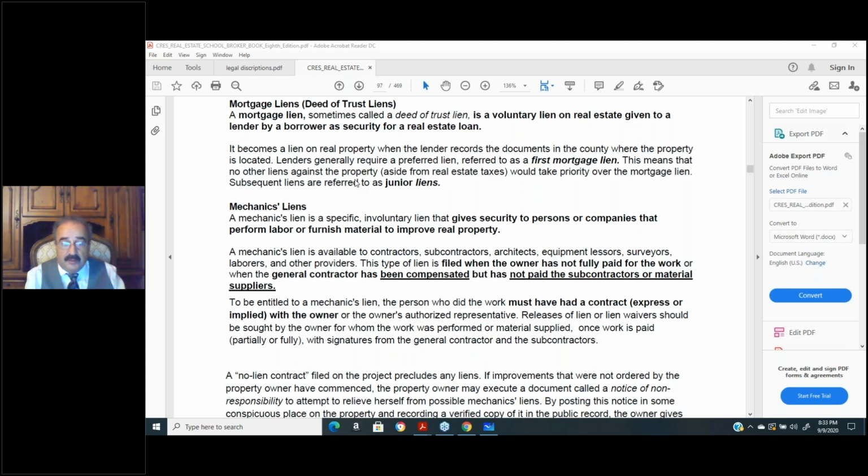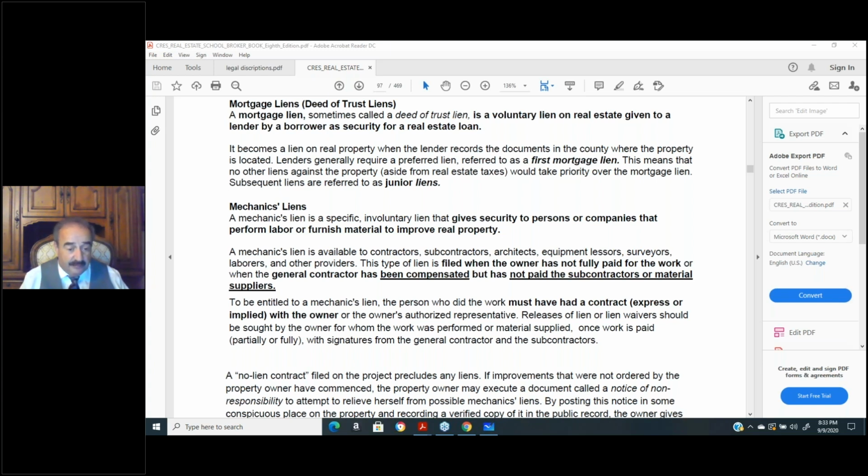Okay, I want to make sure you all understand that. In fact, I saw this question. I own a plane, and I hired this company to build a hangar to house my plane. I did not pay the company. What can they do? Can they file a mechanic's lien against the hangar only?